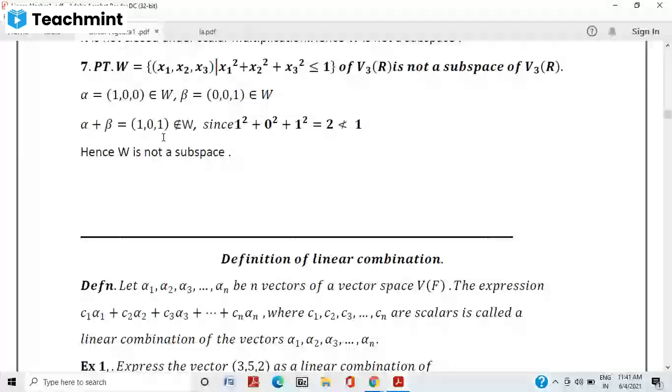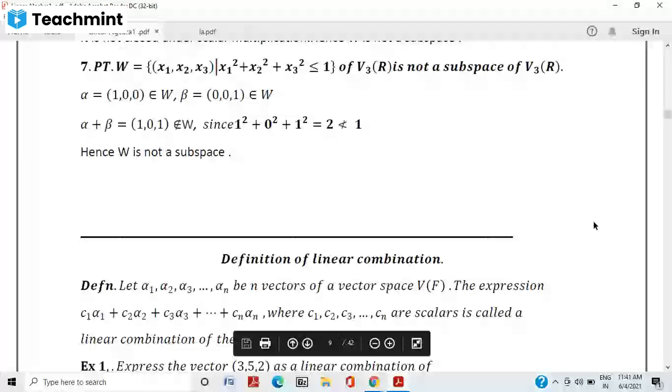But alpha plus beta we are getting as (1, 0, 1). But when we check this condition, we are getting 1 square plus 0 square plus 1 square. It is the same as 2, but it is not less than or equal to 1. Then it doesn't satisfy the condition. Vector addition is not satisfied. Therefore, W is not a subspace.